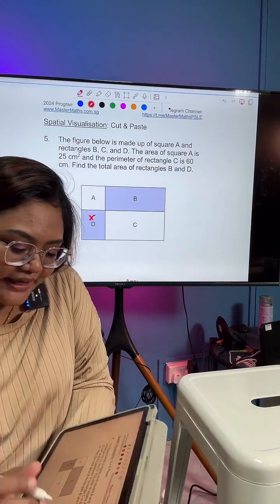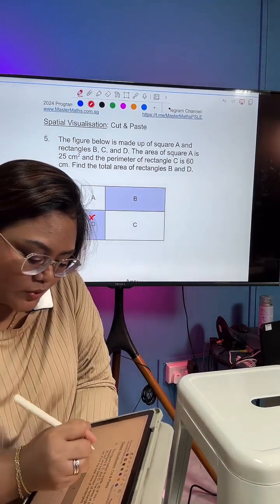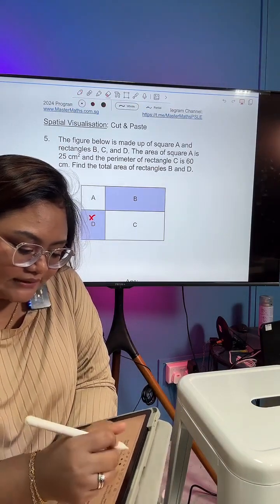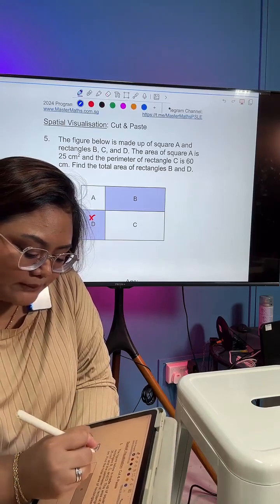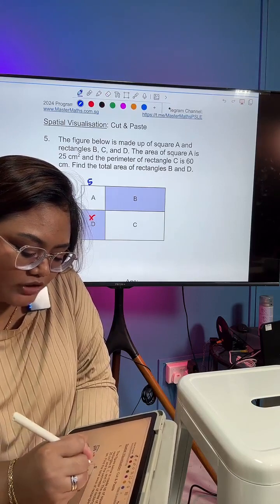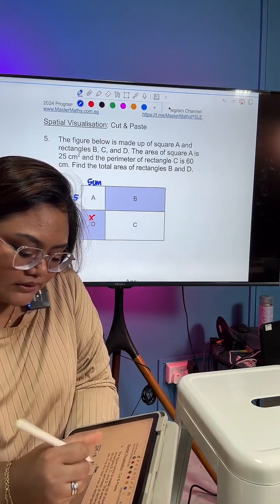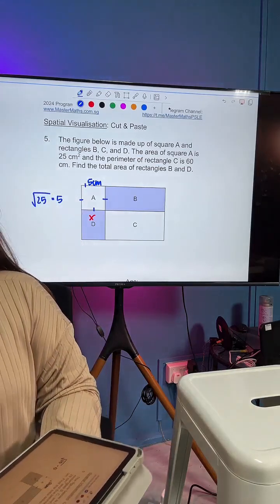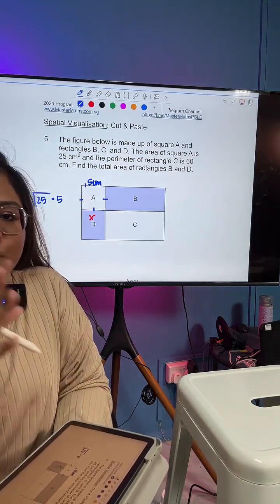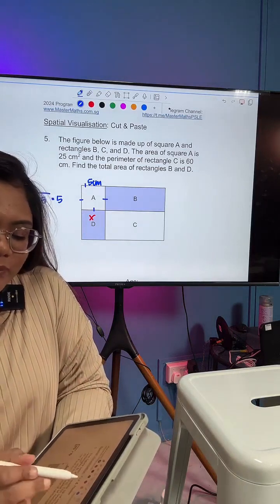So we know that A is 25 cm square. So square root 25 gives us 5. So even if you don't know how to solve, getting up to this part is your very first step, which I'm sure all of you can do, right? So this part is 5 cm. Excellent. Then we cut D, we don't want D, and then we paste it where?